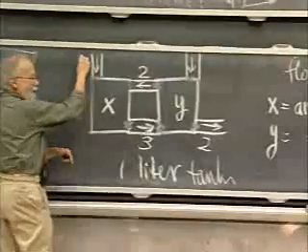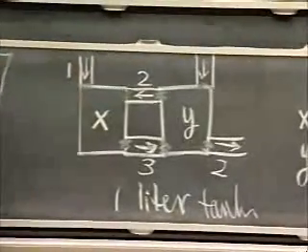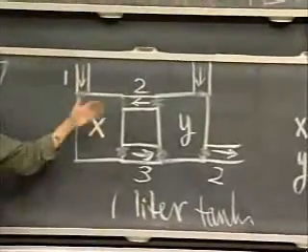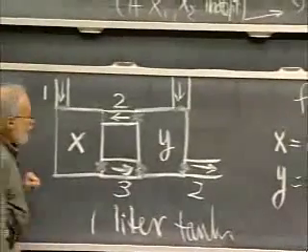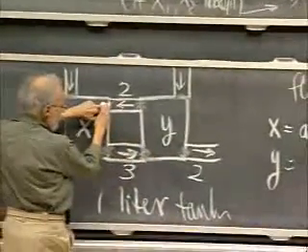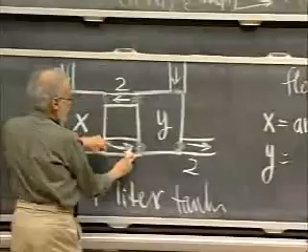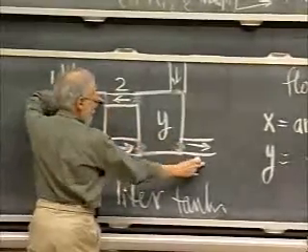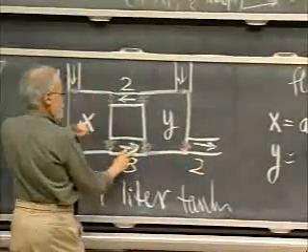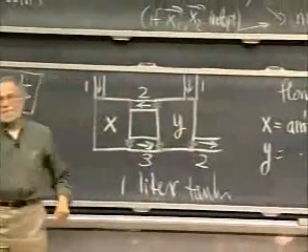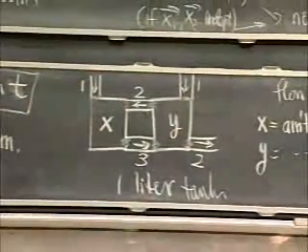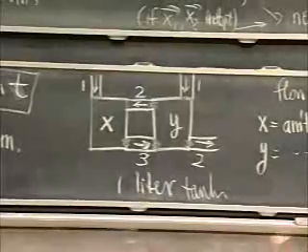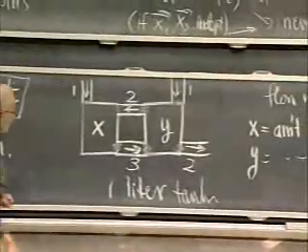So this has to be 1 in order that the tank X stay full and not explode. And how about Y? 2 going, 3 coming in. So how much is going out? 2 there and 2 here. 4 is going out. 3 is coming in. So this also has to be 1. Those are just the flow rates of water or the liquid that's coming in.